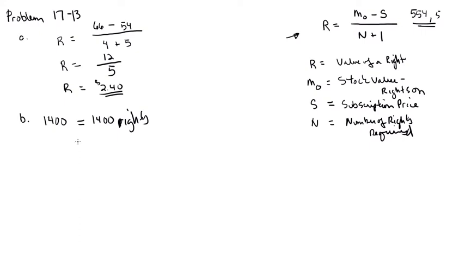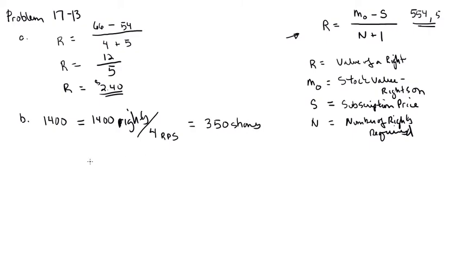Now, if she wanted to use those rights and purchase stock, she needs 4 rights per share. So if you divide that number by 4 rights per share, she could purchase 350 shares of stock.